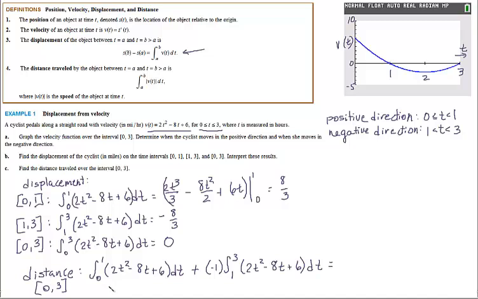So I've written out the integrals. What I would need to do to get that absolute value is break it into two pieces. Here's the positive piece, and then the negative piece, in order to flop it up, I just multiply it by a -1. So it's going to end up, because I already did those integrals, 8/3 plus 8/3, and this is going to end up being 16/3, and that's going to be my total distance.